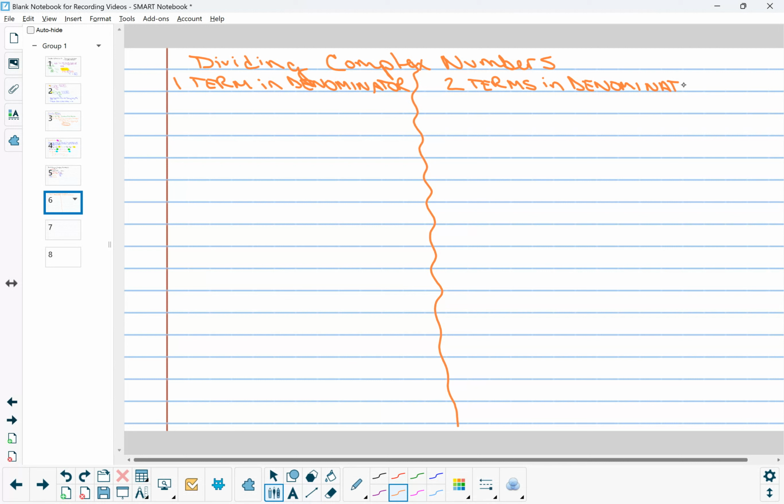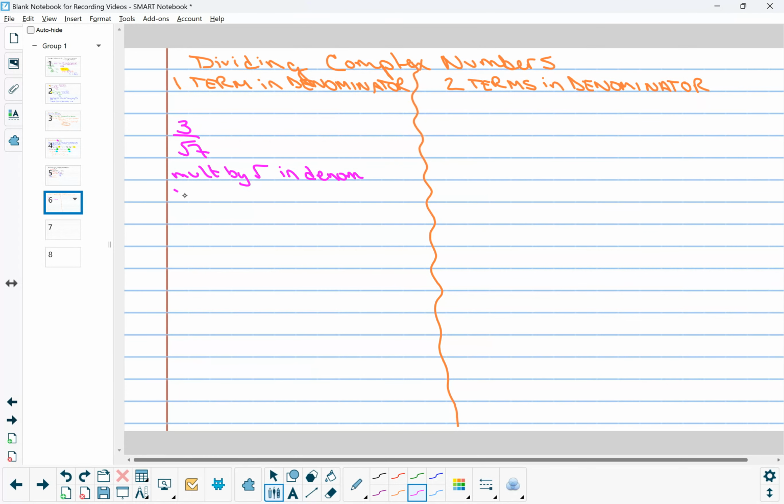We're going to handle this exactly like we did with radical expressions, okay? So let's do a little recall. If we had something like 3 over rad 7, remember that we multiplied by the radical in the denominator, because we couldn't leave a radical in the denominator, right?